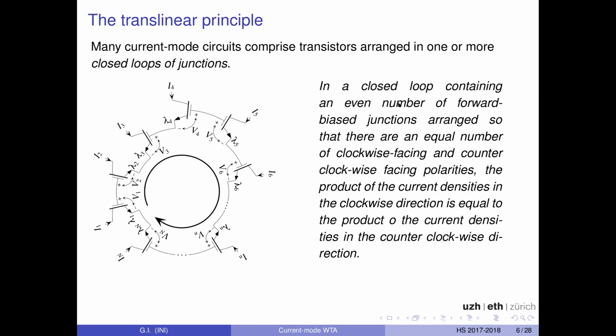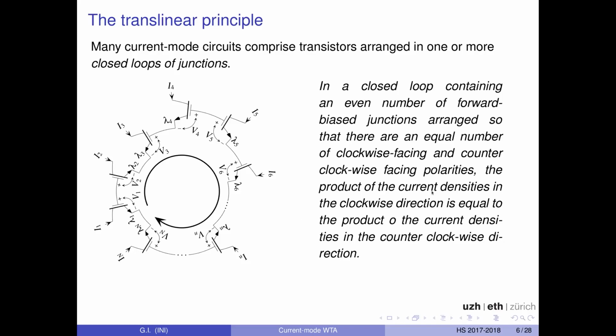In a closed loop containing an even number of forward bias junctions, so forward bias transistors, arranged so that there is an equal number of clockwise facing and anti-clockwise facing polarities, the product of the currents in the clockwise direction is equal to the product of the currents in the counterclockwise direction.